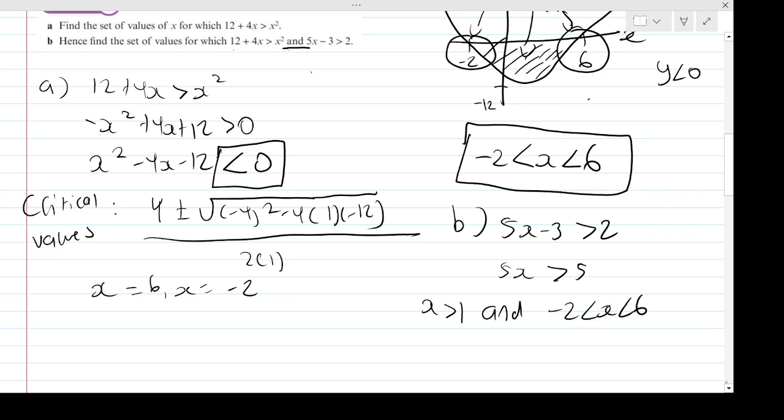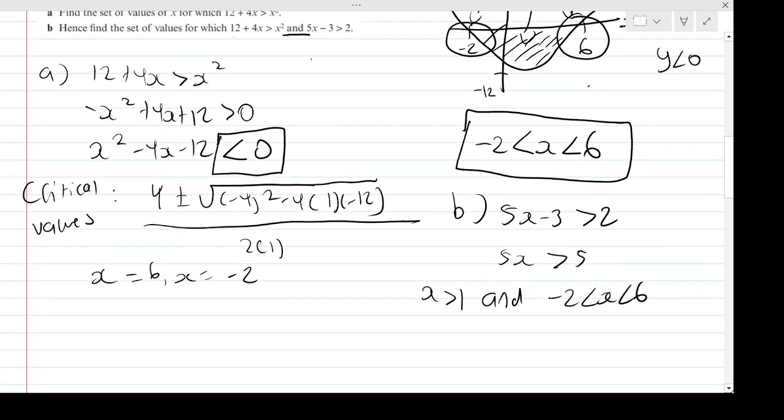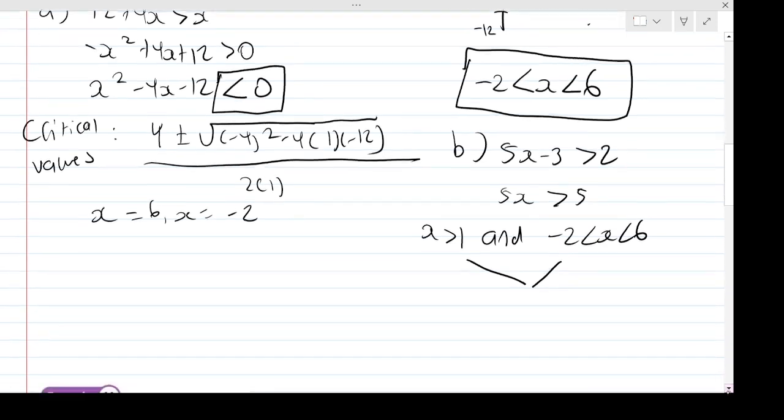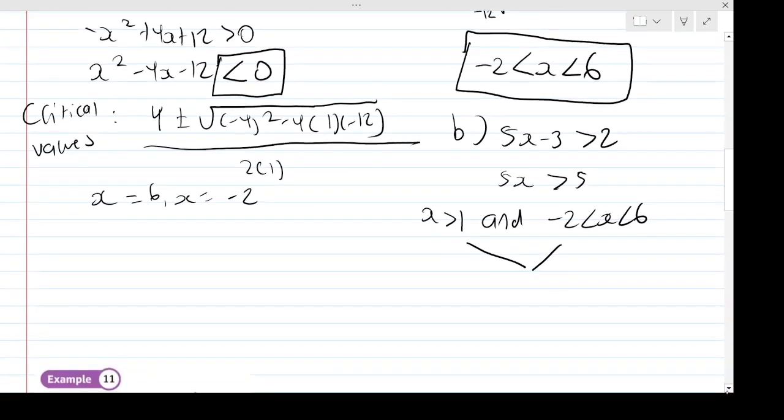Think about what this is saying in words. x has to be bigger than 1, but also between -2 and 6. Combining them, x has to be bigger than -2 and bigger than 1, so overall x has to be bigger than 1, and less than 6. That is the overall final solution.